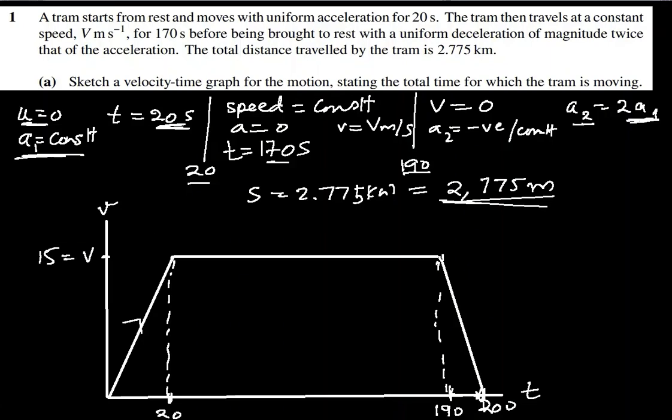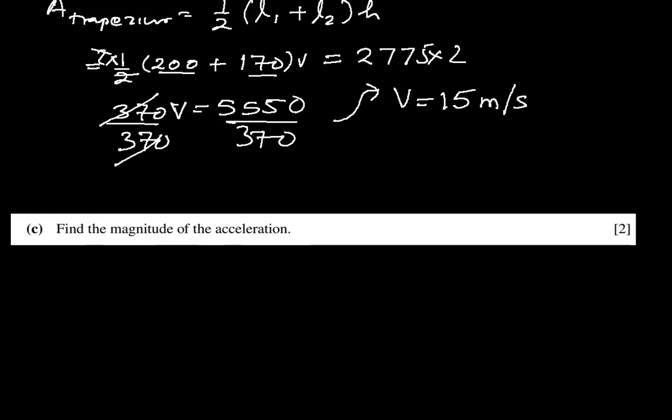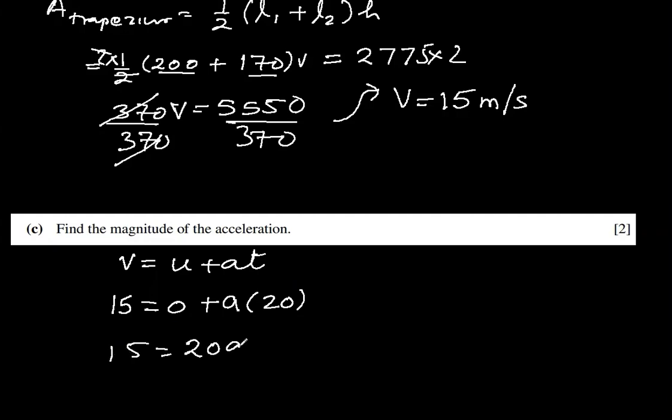So we can use the formula v equals u plus at. v is 15, u is 0, acceleration we want to find, time is 20. So 15 equals 20a, divide both sides by 20. 15 divided by 20 is 0.75 meters per second squared.